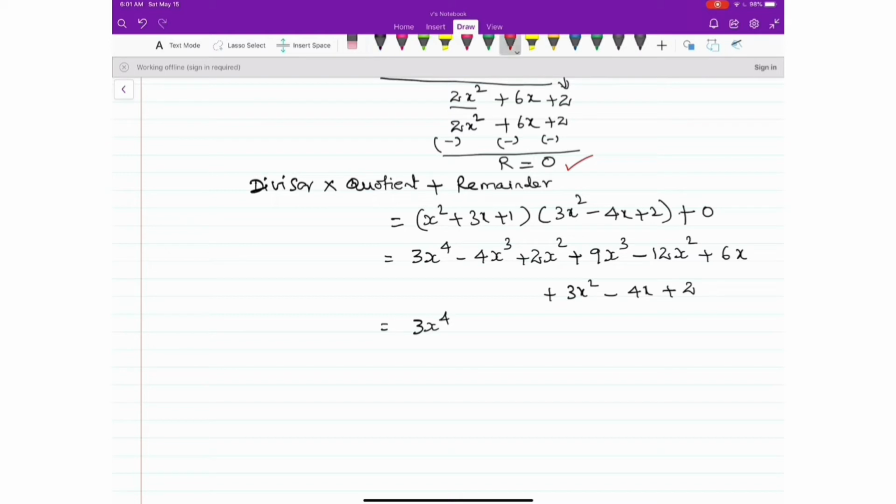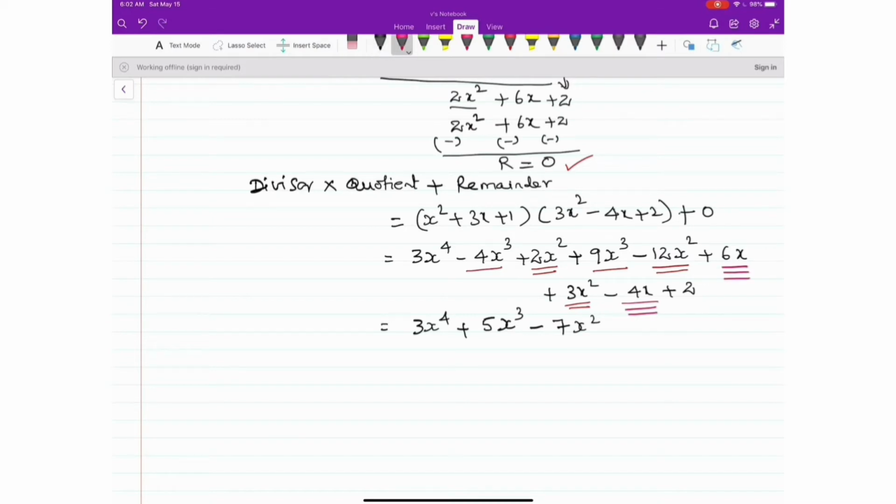See here, you are having minus 4x cube plus 9x cube. Here I will be getting plus 5x cube. When it comes to x square terms, 2x square plus 3x square, we will be getting 5x square, but I am having here minus 12x square. So I will be getting minus 7x square.